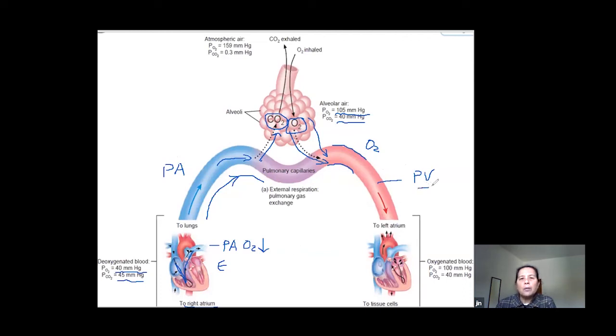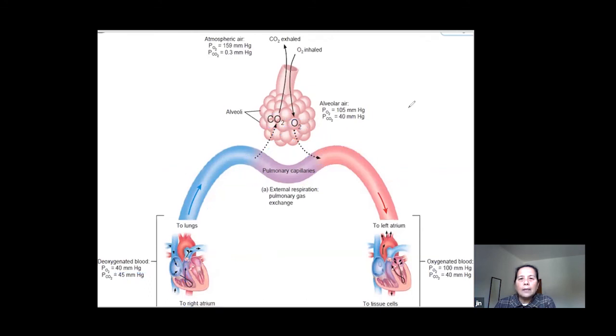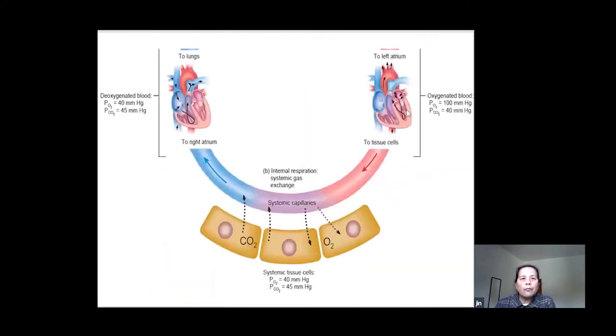This is the pulmonary vein, even though it carries high oxygen blood. So we name artery and vein by whether it is leaving the heart or returning to the heart. We do not name it by oxygen levels. So that's basically the second step of respiration.